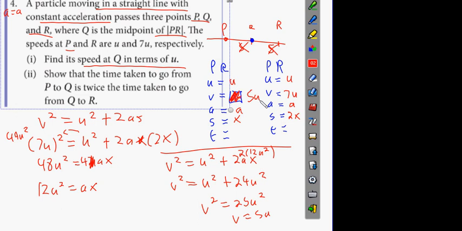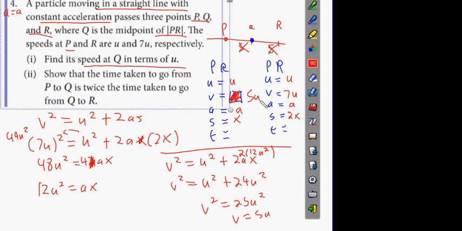Now, show that the time taken to go from P to Q is twice the time taken to go from Q to R. Okay. So, this is the odd one where I'm actually going to have to isolate QR. Or do I?